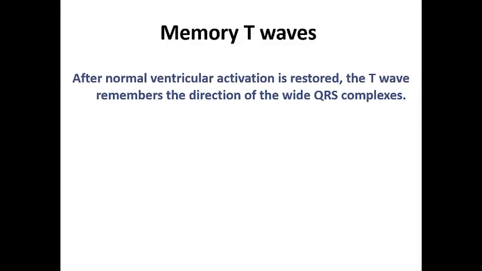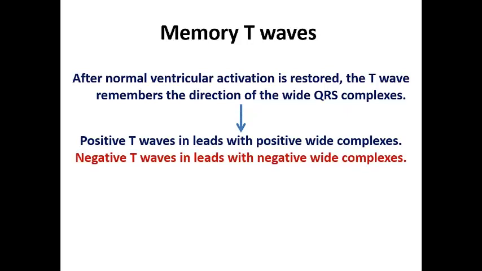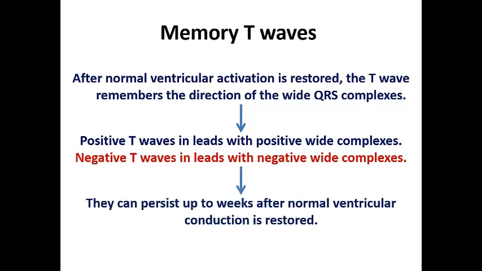So we remember that memory T waves occur when normal activation of the ventricle is restored. So the T wave remembers the direction of the wide QRS complex, resulting in positive T waves in leads with positive wide QRS complex, whereas negative T waves in leads with negative wide QRS complex, and they can persist up to weeks after normal ventricular conduction is restored.